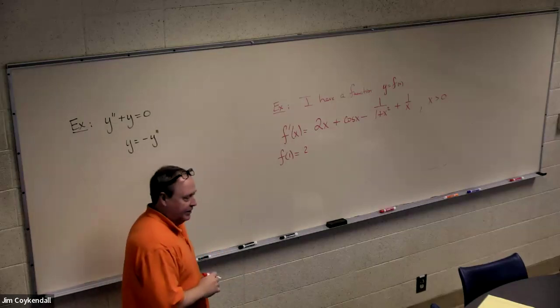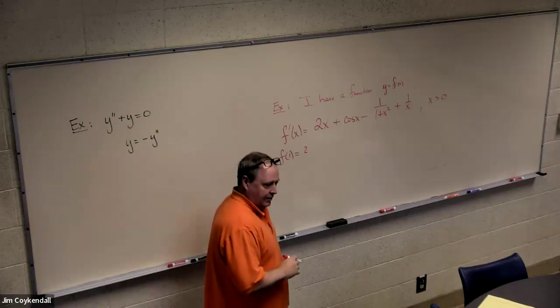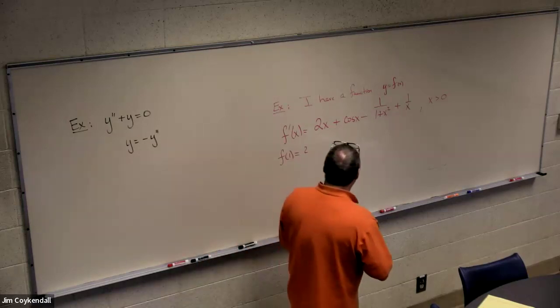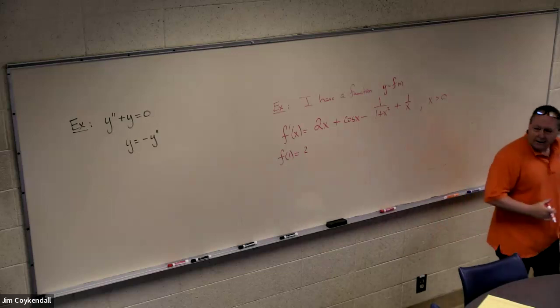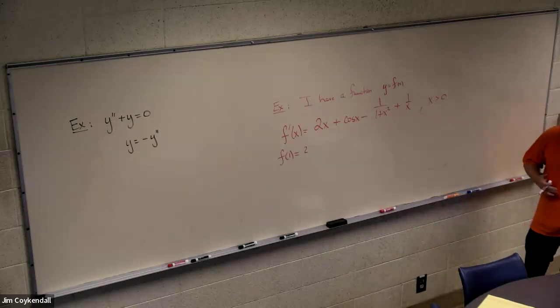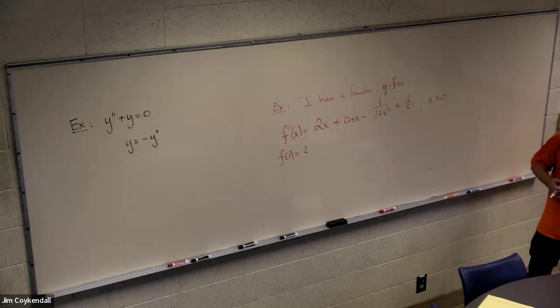I want to find this. So I've got some mysterious unknown function. What do I know about it? I'm trying to track something down. And I know that its derivative is 2x, plus cosine x, minus 1 over 1 plus x squared, plus 1 over x.